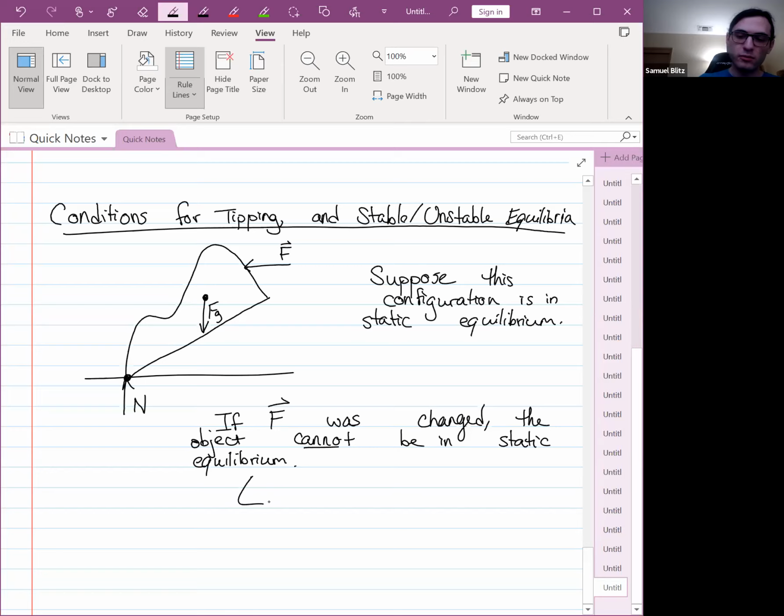So that means that the object tips or falls over. So what's the takeaway from this thought experiment?